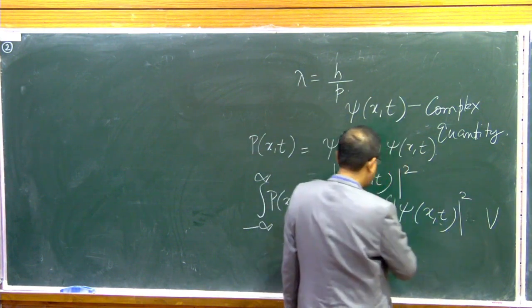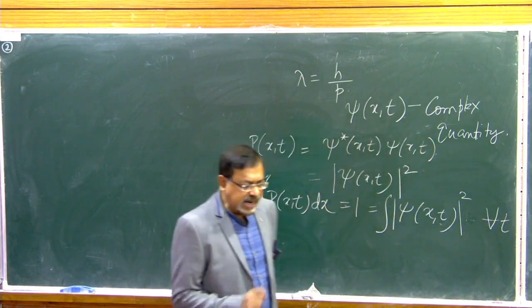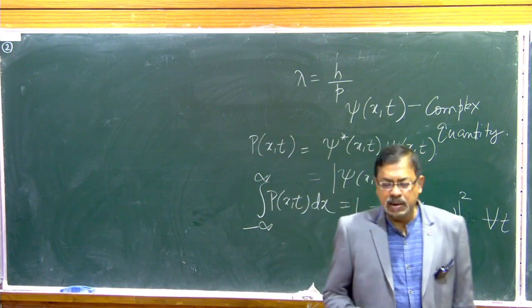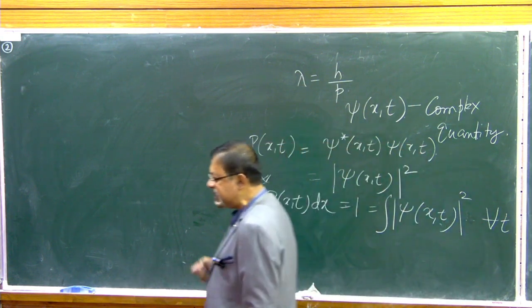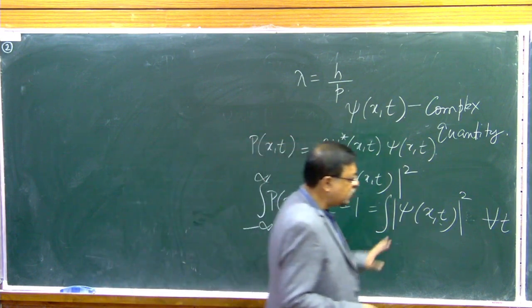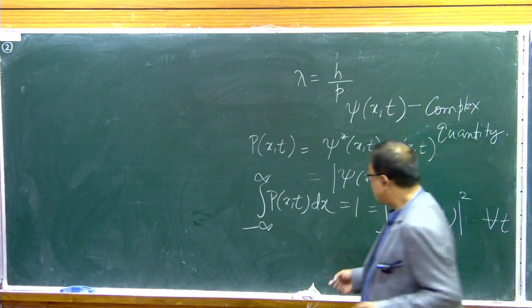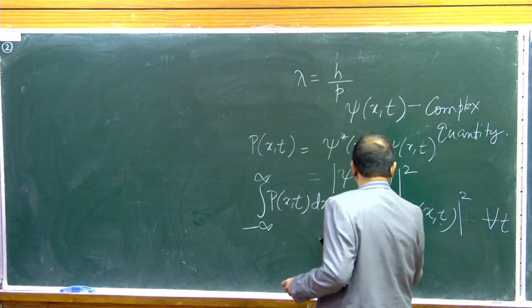So at any point, if you are looking for an integrated probability, it should be equal to 1, which means that we should be able to find the particle somewhere in space between minus infinity to plus infinity.